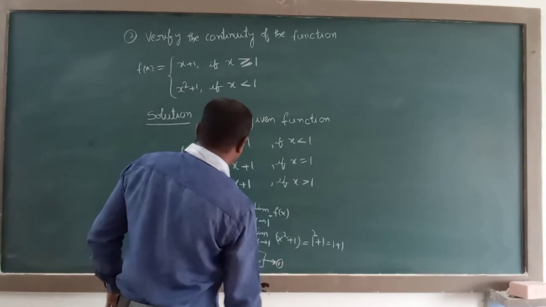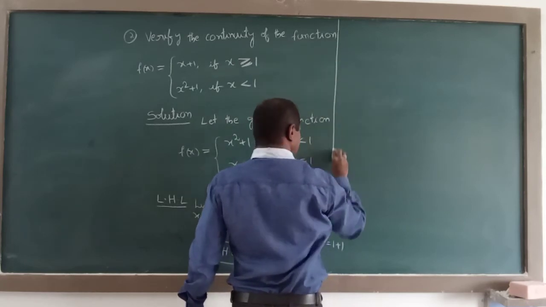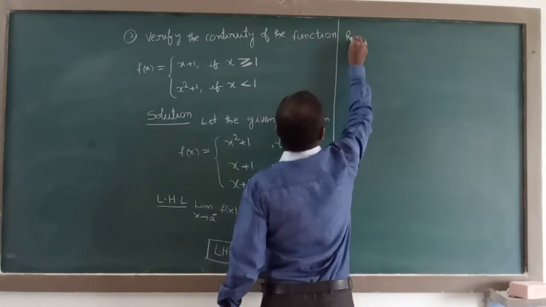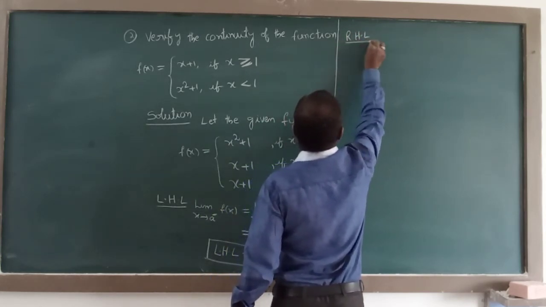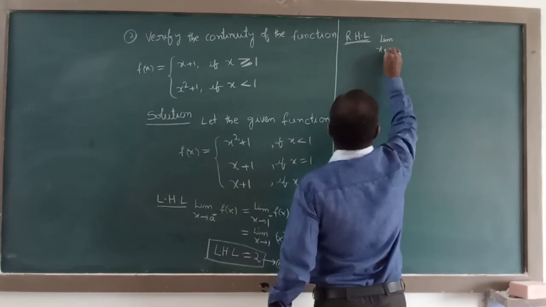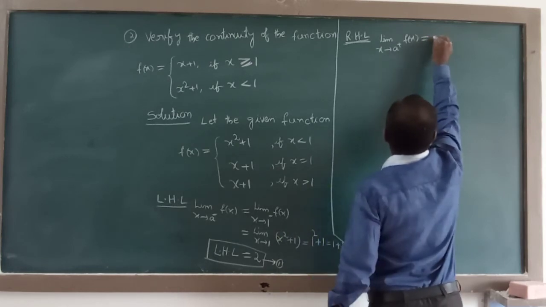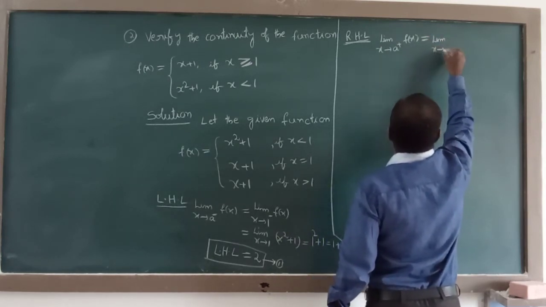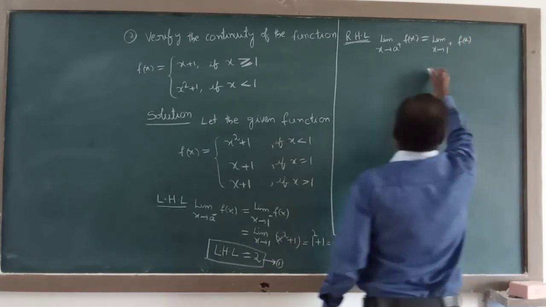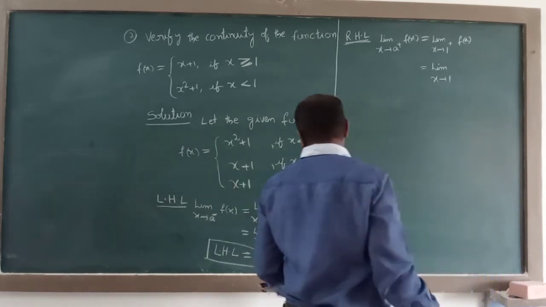Next one is RHL, right hand limit. The limit as x tends to 1 plus of f of x equals the limit as x tends to 1 of the function corresponding to the greater than symbol.